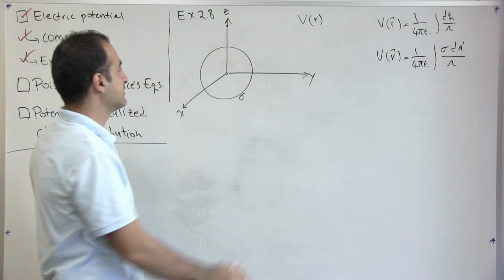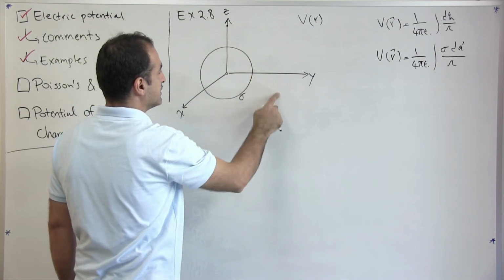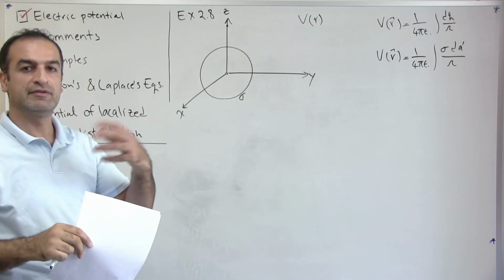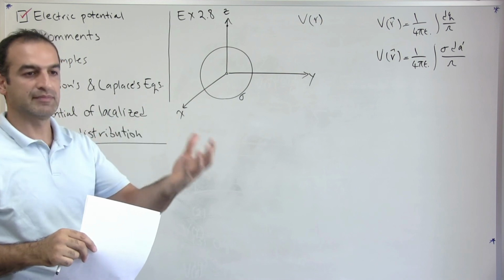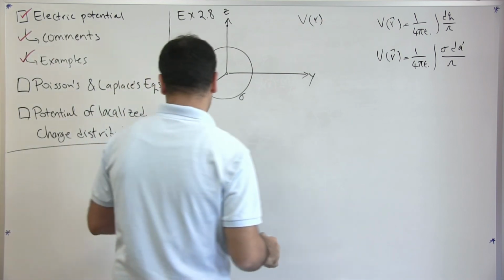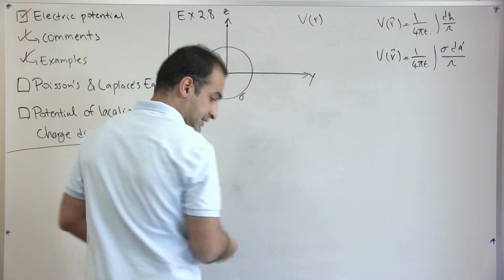It doesn't matter whether we choose this point or something else on the Z-axis because everything is symmetric. So whatever we find as a function of Z, the same thing will be true as a function of radius. So let's imagine this is Z.